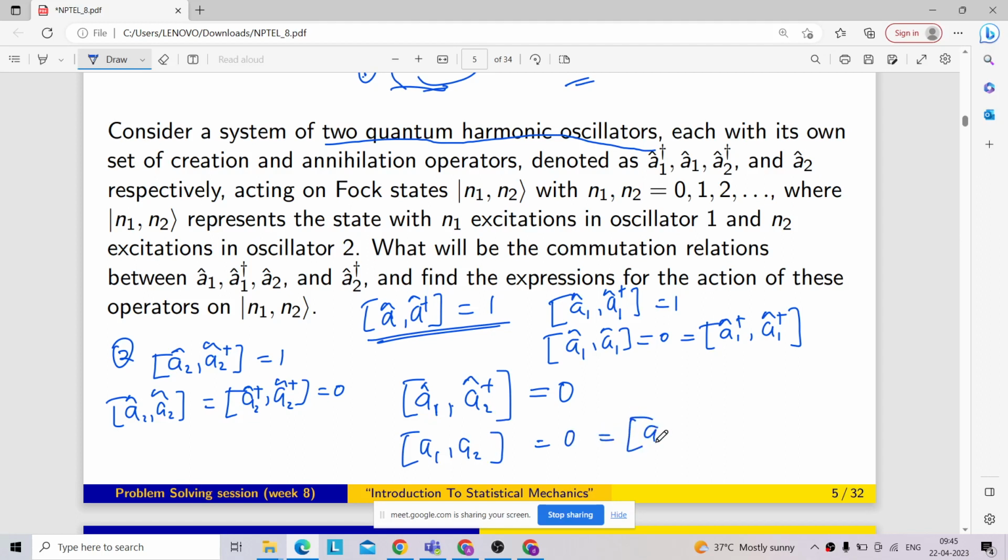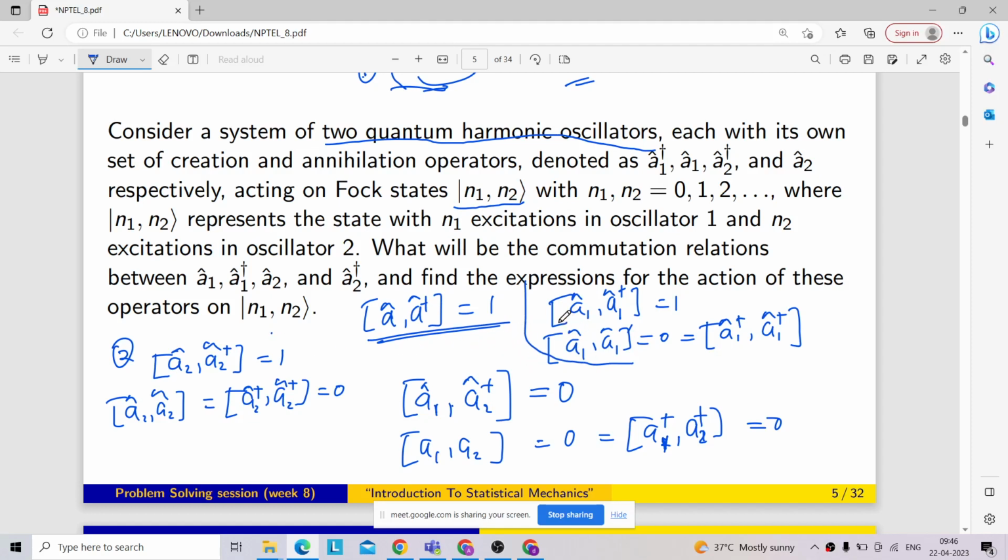Similarly, A2 with A1 is 0, the same case. A2 with A1 dagger, A2 dagger, this will also be 0, as they are independent systems and we are representing them in a single Fock state like this. These are the commutation relations for this system, right?